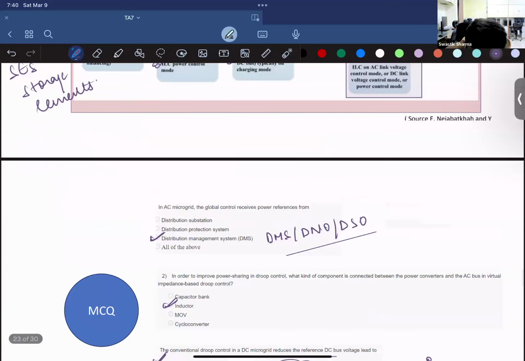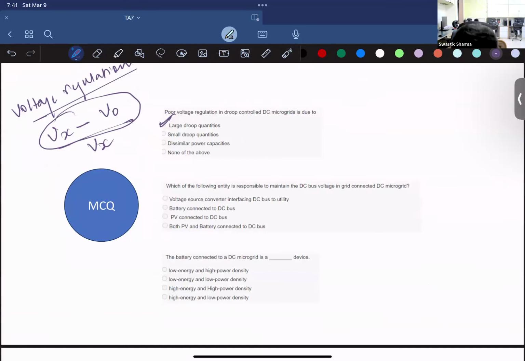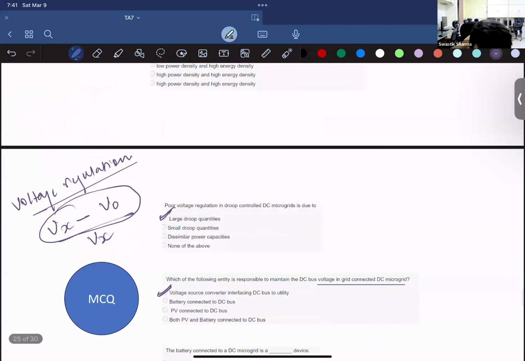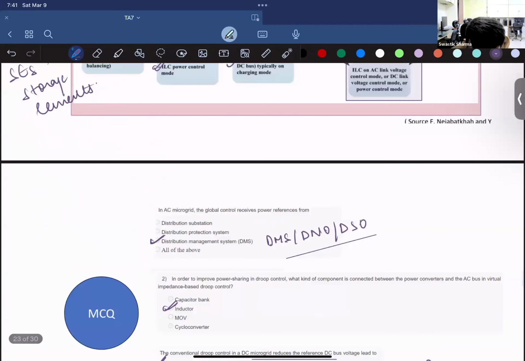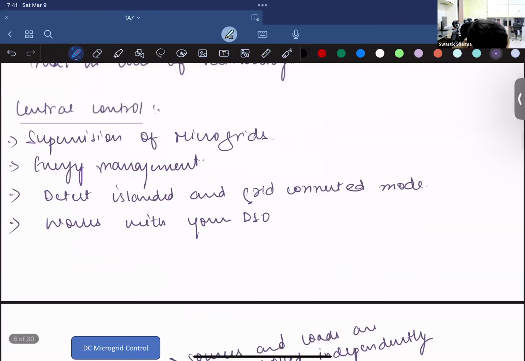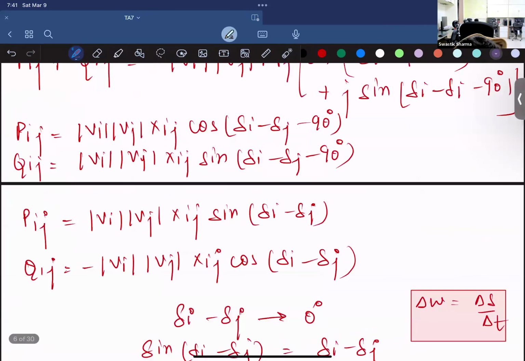Next question. Which of the following entity is responsible to maintain the DC bus voltage in a grid connected DC microgrid? Who can tell me? A. Yes. So the converter connecting your DC bus to your utility. Where did my single microgrid go?